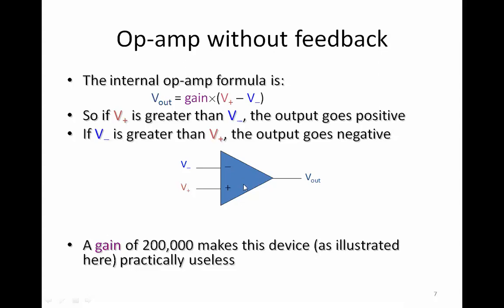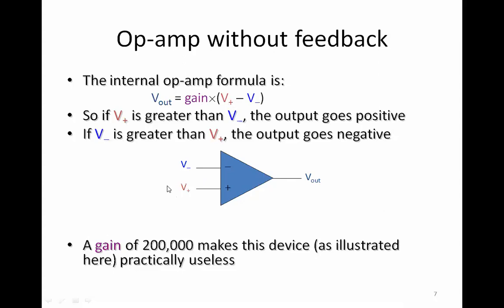Now let's understand what this feedback is. For the internal op amp, the formula is V out equals gain times the difference. As I told you, the gain is infinite, and you have this plus terminal here and this minus terminal. What is the plus symbol referring to, inverting or non-inverting?